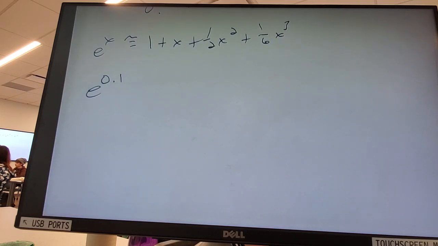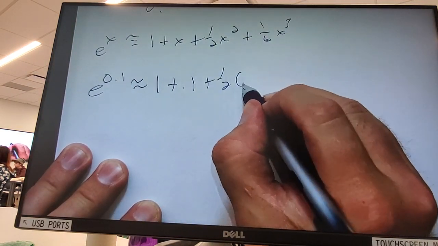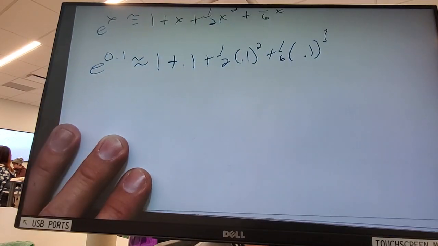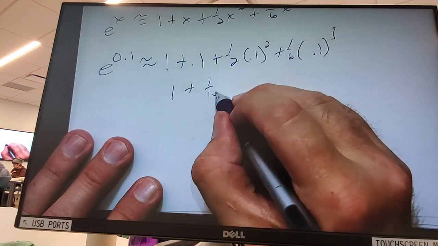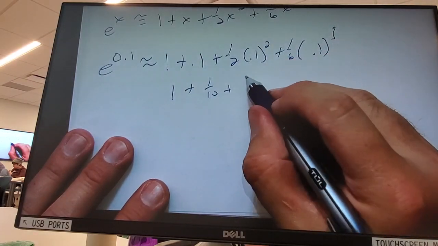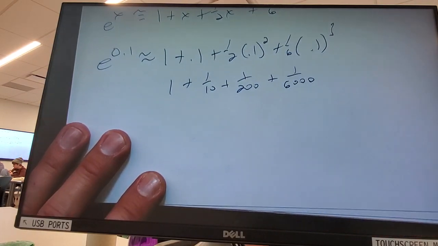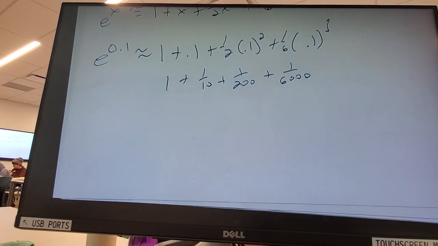Put it in. This is approximately 1 plus 0.1 plus 1/2 times 0.1 squared plus 1/6 times 0.1 cubed. Right? 1 plus 1/10 plus 1 over 200 plus 1 over 6,000. Whatever, we're just going to put it in the calculator.